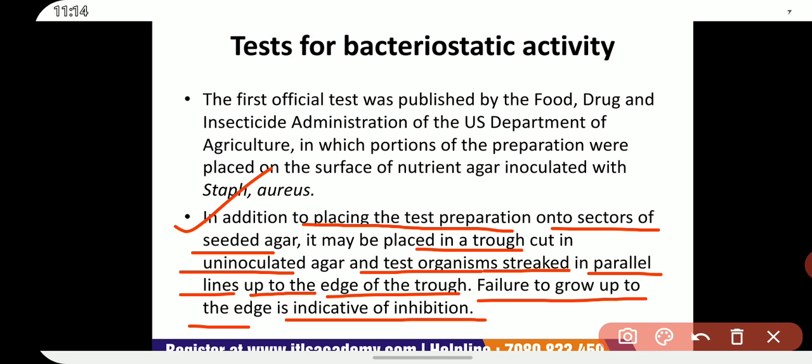Thus, we can say that the cup plate method is useful to test several preparations or varying formulations of the same preparation against one organism under identical conditions, and the ditch plate method enables one preparation to be tested against several organisms.